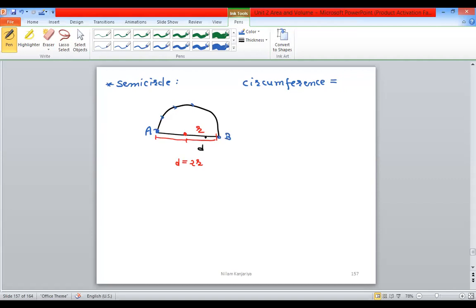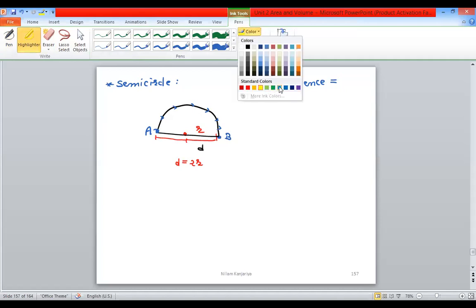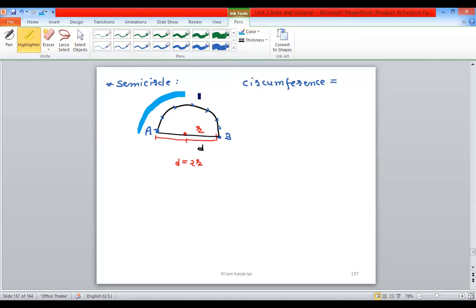This is the other end of the circle, denoted by B. If I'm moving from here, this thing is a half of the circle. So first thing we add in the circumference is half of the circle, so half of the circumference, it is 2 pi r by 2.